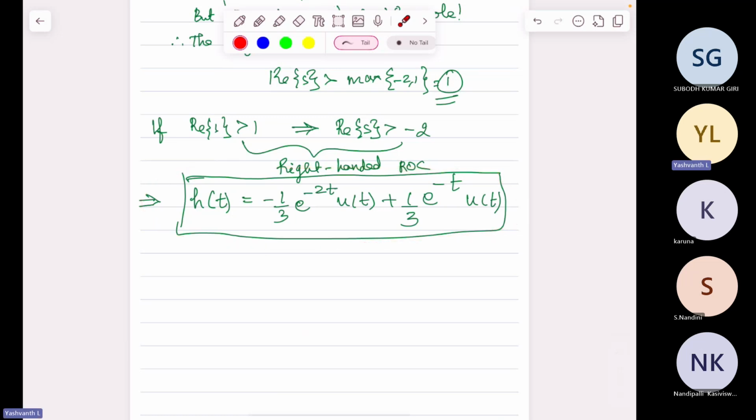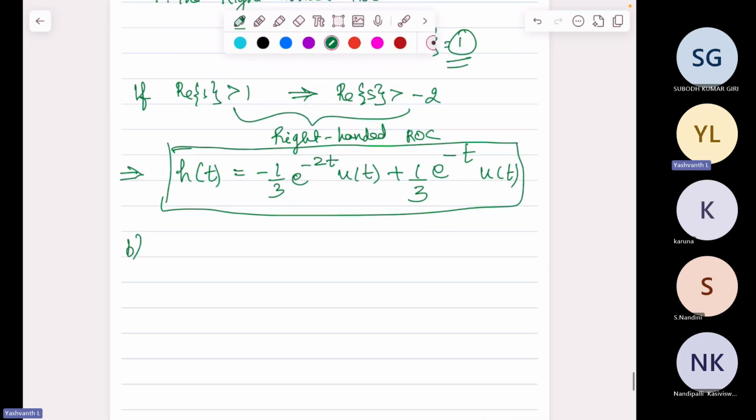Okay. Similarly, now the next thing is what? I want the system to be stable. Now, in terms of ROC, what does stability mean? It implies the ROC should contain the j omega axis.